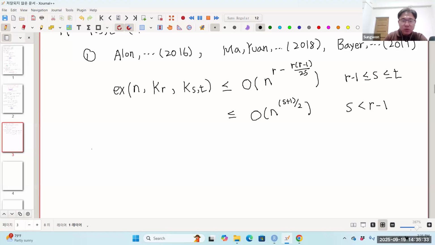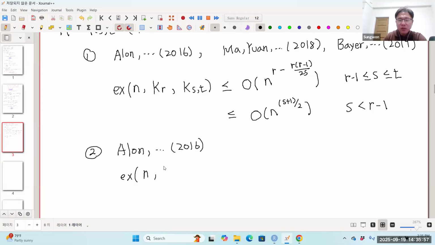Also, along the same group in 2016, they found the number of complete bipartite graphs, the smaller complete bipartite graph, given that the bigger complete bipartite graph is forbidden.